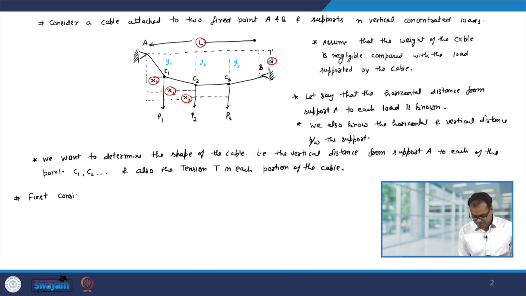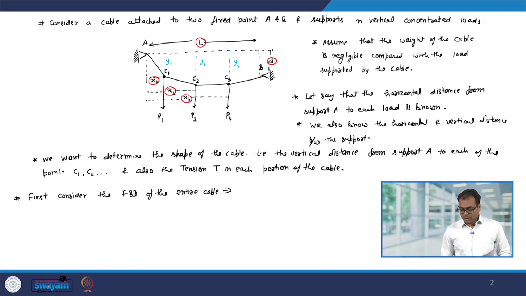How do we make the free body diagram of the entire cable? When we make the free body diagram, all these internal forces we will remove, and also the supports we will remove, and we will put a reactive force at the support.